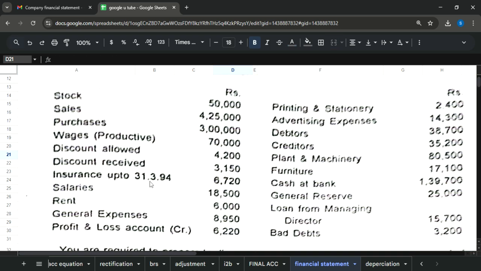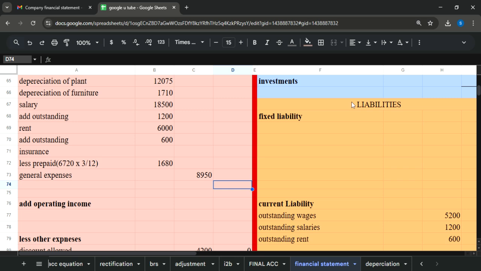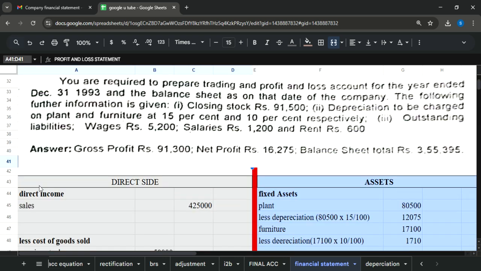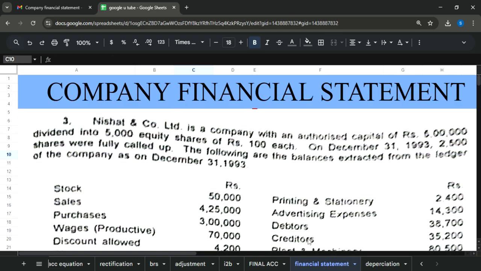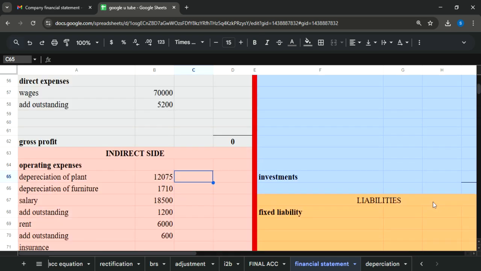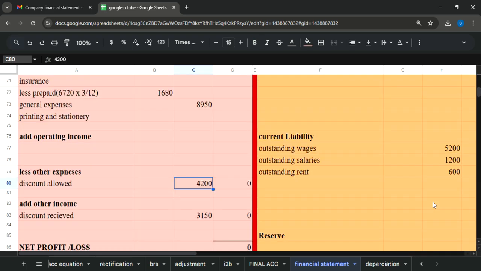Left side is completed. We will be focusing on the right side, printing and stationery. This is part of operating expenses. So here we will write printing and stationery. Amount of printing is 2400. So here 2400 in front of printing we have written.